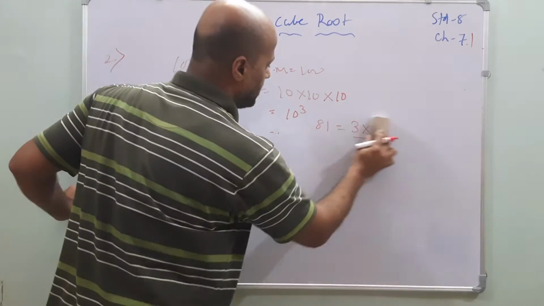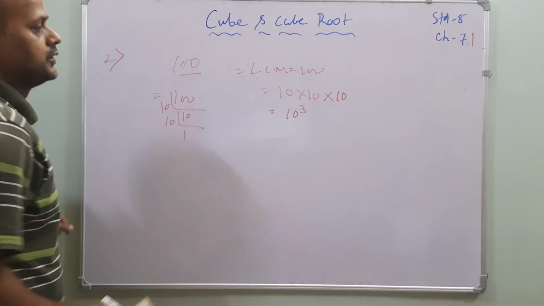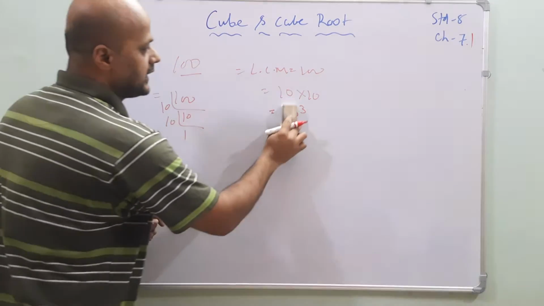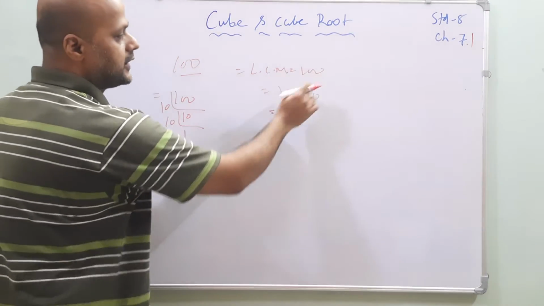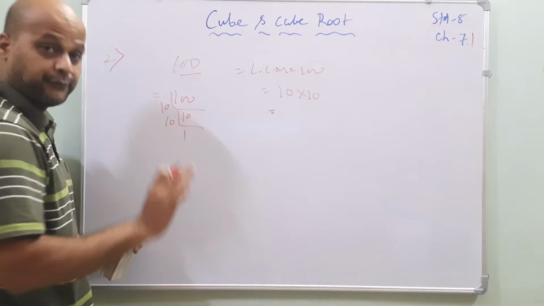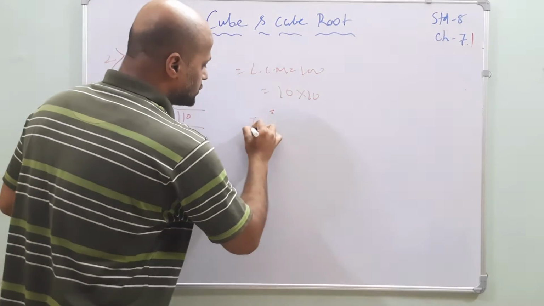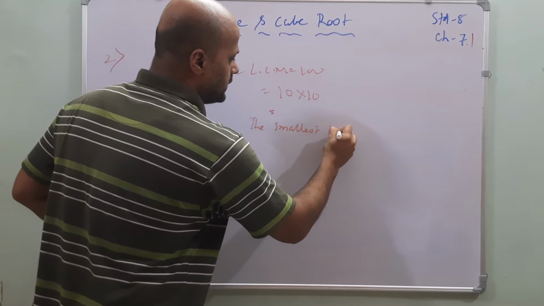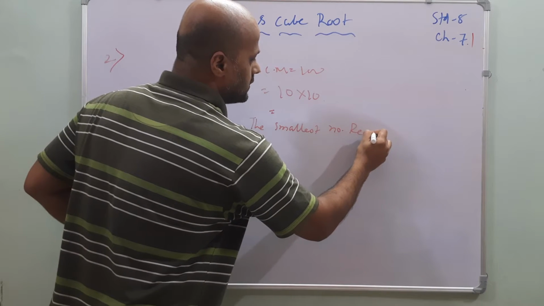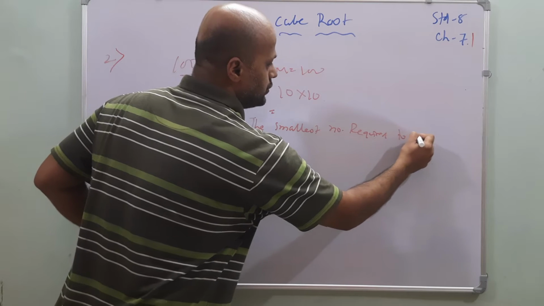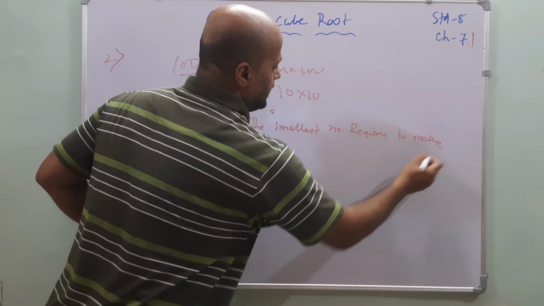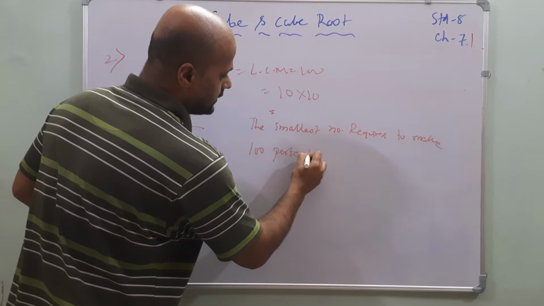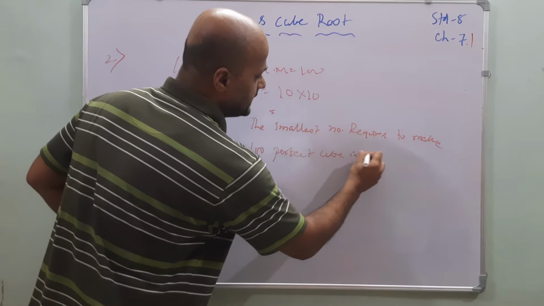Understood? So what is the statement I have to write here? You have to write like this. The LCM of 100 by prime factorization is this much. The smallest number required to make 100 a perfect cube is 10.